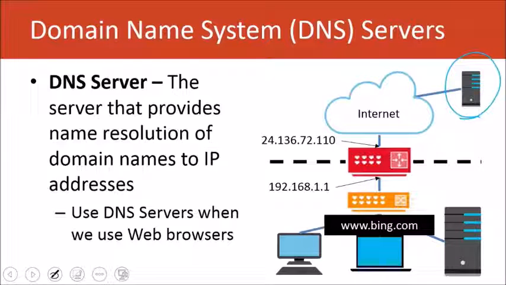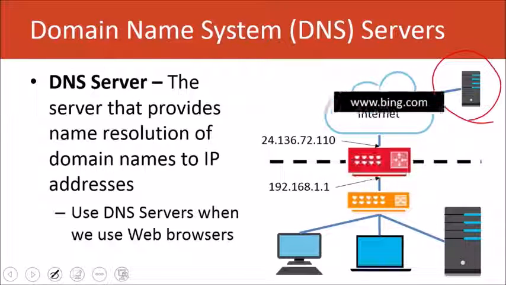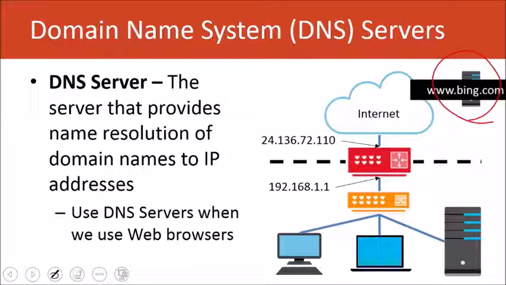Let me actually erase the ink because I think my animation is going to cause me troubles and make me back up with what I just said here. But let's now pretend that that's not the Bing server, but it's actually a domain name system server, a DNS server. And so what's going to happen is we're going to type bing.com into our browser, and that information is going to be relayed to the DNS server.